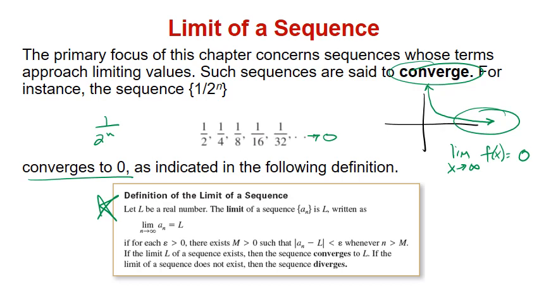So here, if the limit of a sequence exists, then the sequence converges to that limit. On the other hand, if the limit of the sequence does not exist, then we will say that it diverges. And this is some important information.